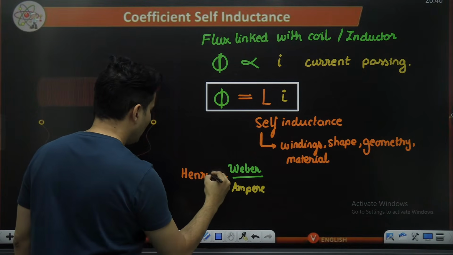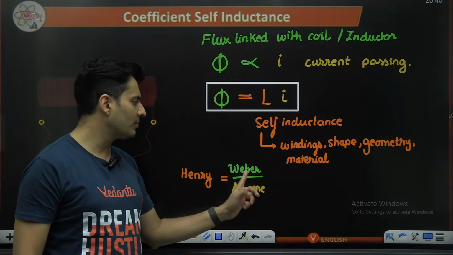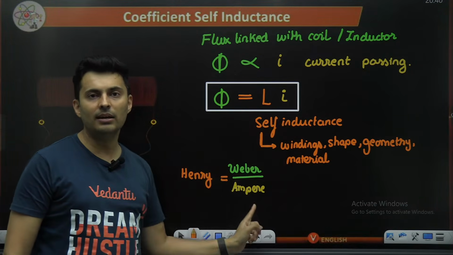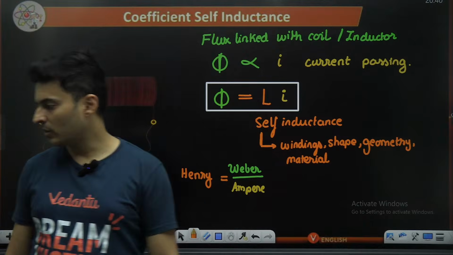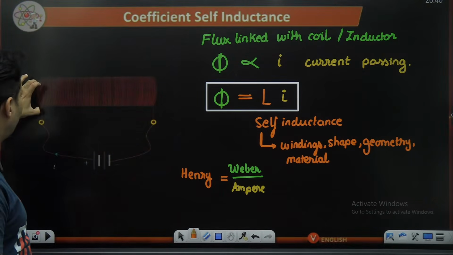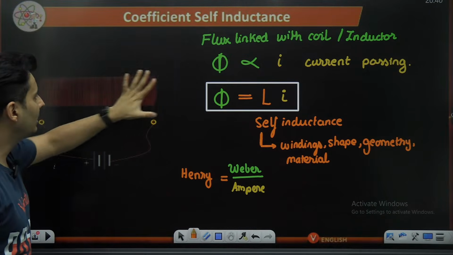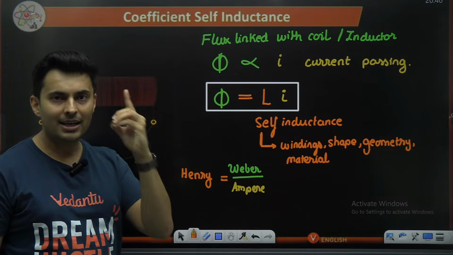So a Henry of inductance is when a flux of 1 Weber is produced by an ampere of current. Very straightforward and simple. When 1 ampere of current is passed and 1 Weber of flux is produced, then the inductance of that inductor is said to be 1 Henry.